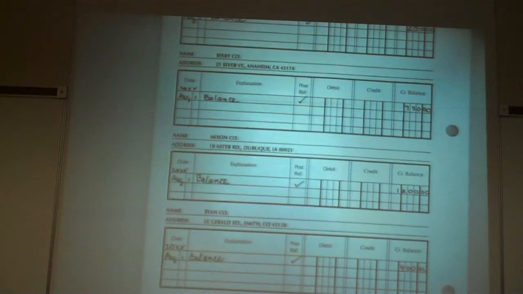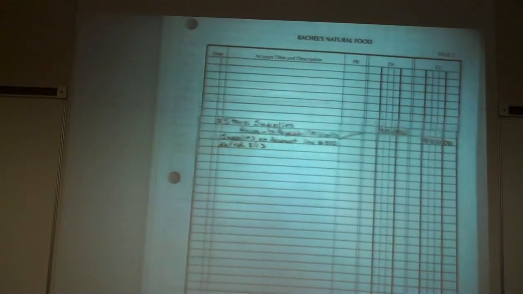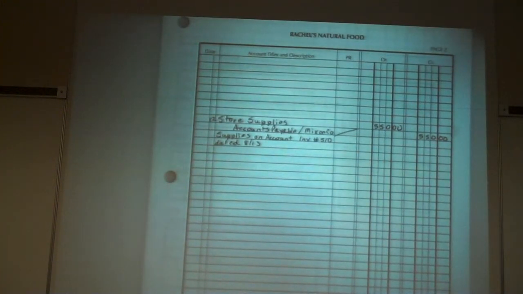Let me go back to another one of the problems. Oh, and I'll point this out. Now that we have covered almost all of the transactions that we could have take place in a business, every once in a while we're going to get one of those general transactions that we've had since Chapter 1, and this was just we purchased store supplies.